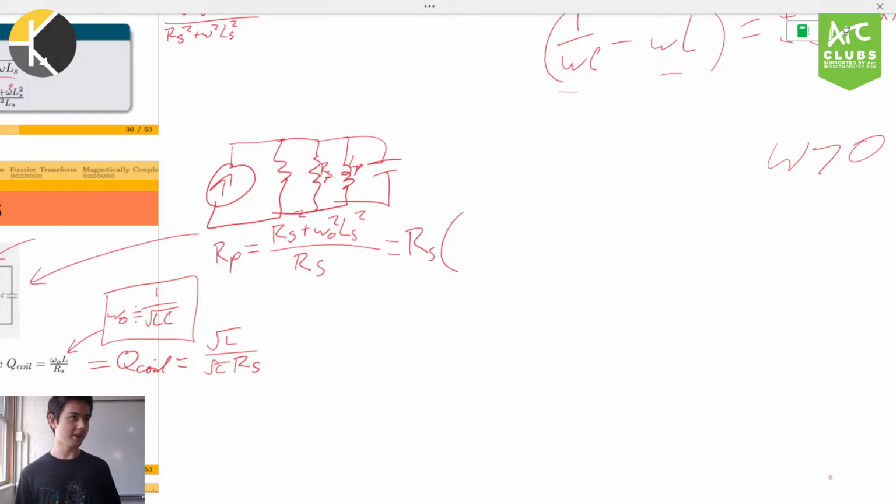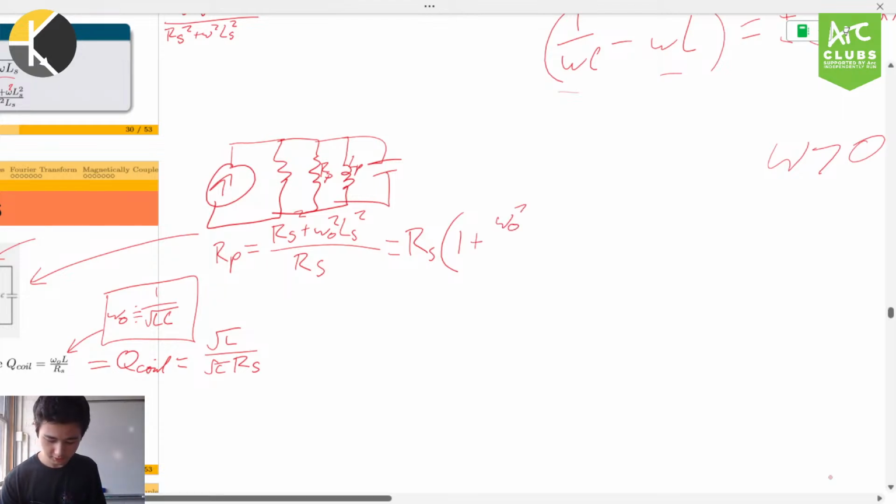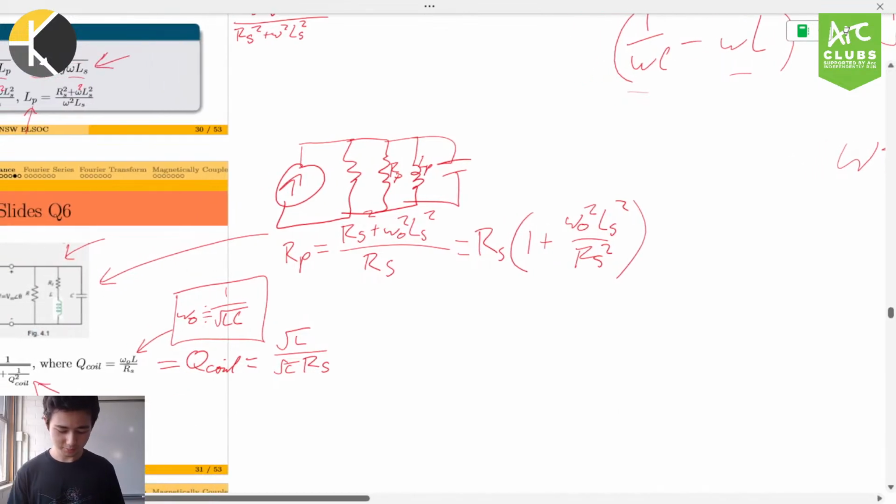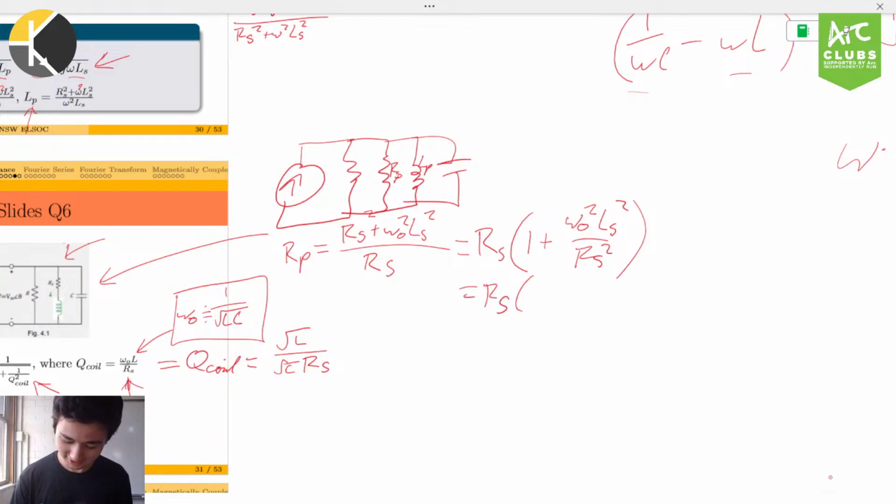We multiply and divide everything by RS, so we end up with 1, because that's our first term, and our second term becomes omega 0 squared LS squared on RS squared. Now, this might not look the most neat right now, but if you take a little peek at before, oh my gosh, it's just the square. So we say RP over RS equals 1 plus Q coil squared, right? Fantastic.